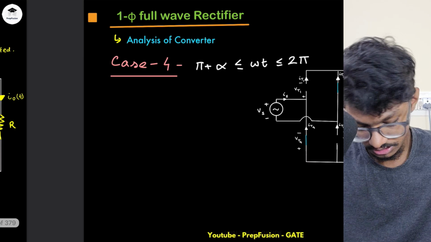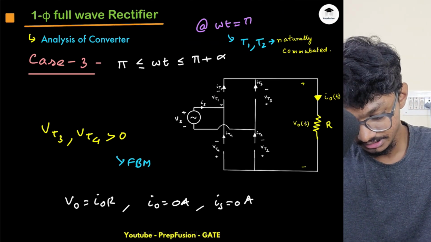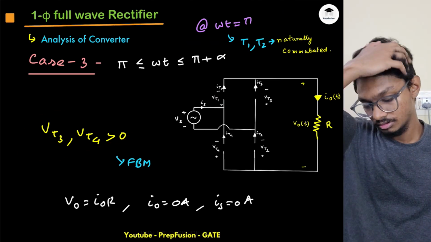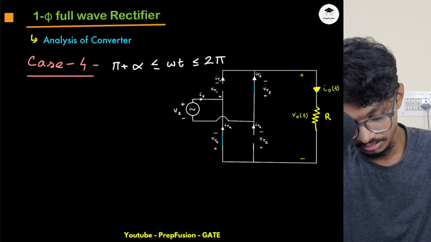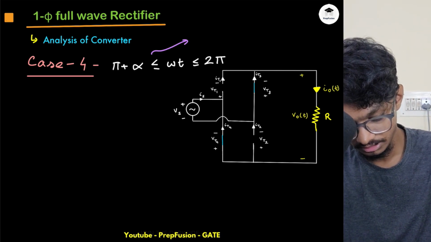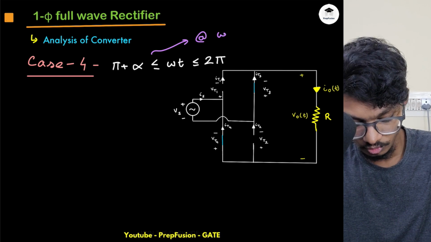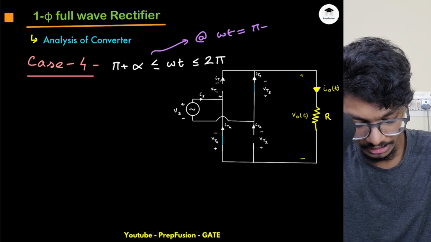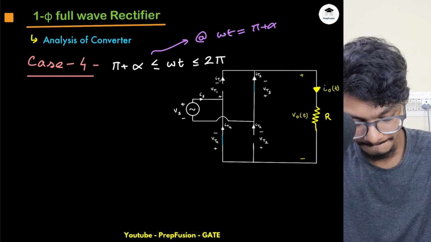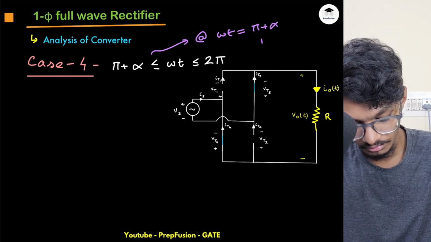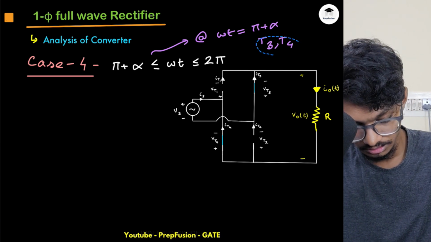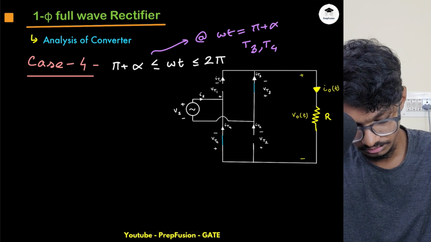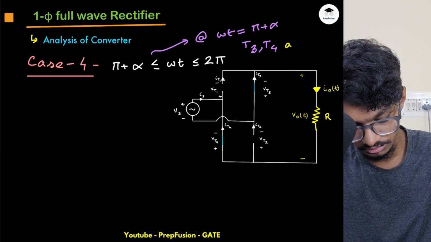Okay, next what will happen? This is case 3. So now let's come to the case 4 here. Here at omega t equals pi plus alpha, T3 and T4 are triggered.